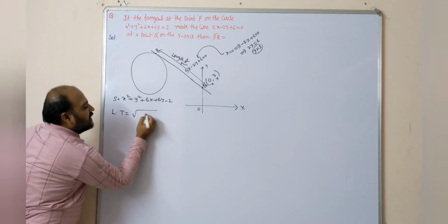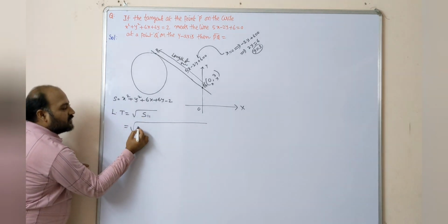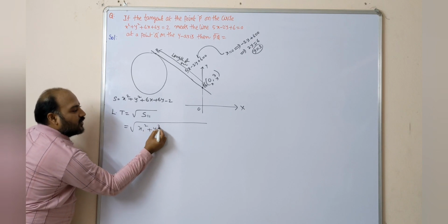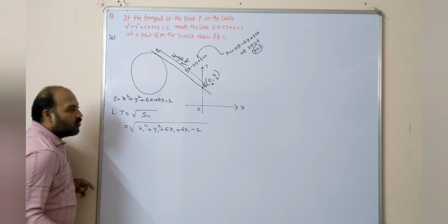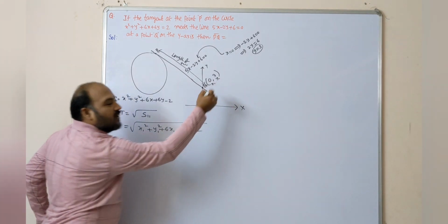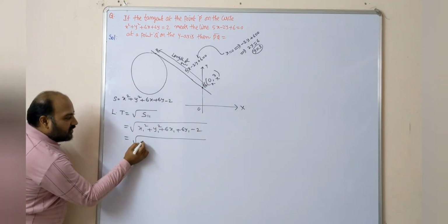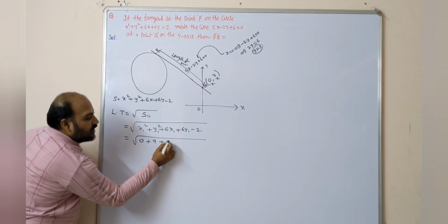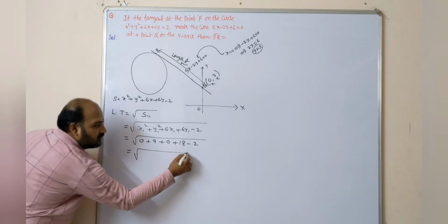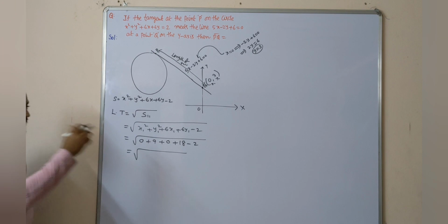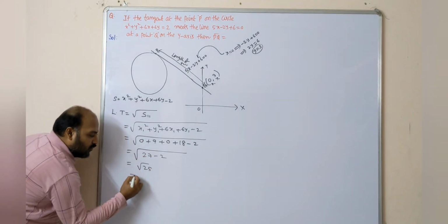LT equals root S11, that is root of x1 square plus y1 square plus 6x1 plus 6y1 minus 2. Here x1 is 0, y1 is 3. So 0 plus 9 plus 0 plus 6 times 3 is 18, minus 2. So root over 18 plus 9, 27, 27 minus 2, 25. Root 25 is equal to 5.